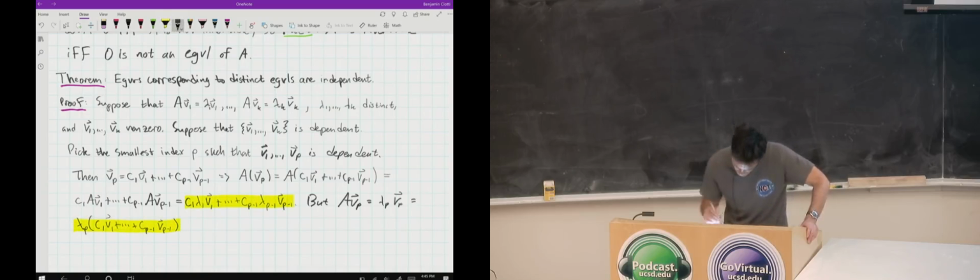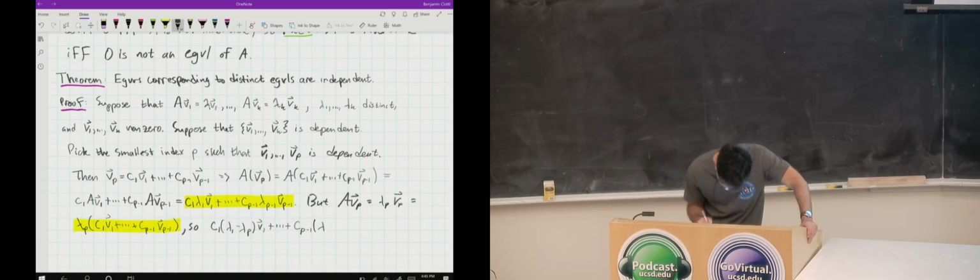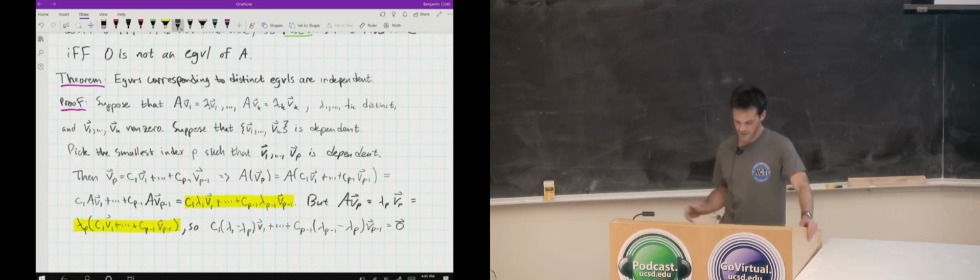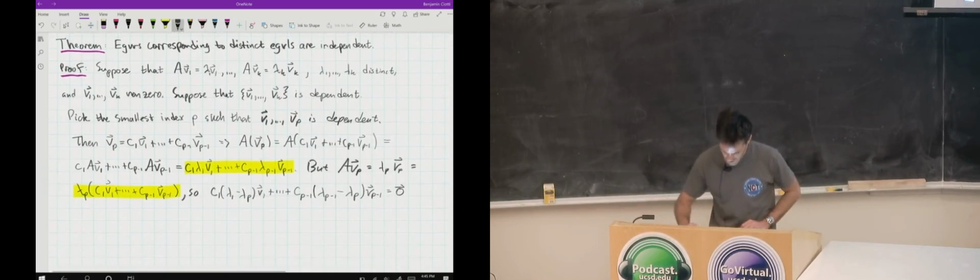If I move everything to the left-hand side and combine like terms, I get c1 (lambda 1 minus lambda p) v1 plus up to cp minus 1 (lambda p minus 1 minus lambda p) vp minus 1 equals 0.